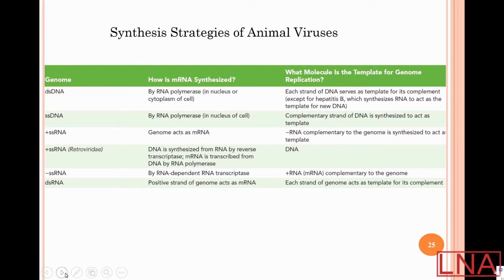For positive RNA I told you, for negative I told you, and for double-strand I told you, but I didn't say anything about the Retroviridae family, which is specific. Single-strand RNA is used as a template for new DNA, because mRNA should be synthesized from DNA.